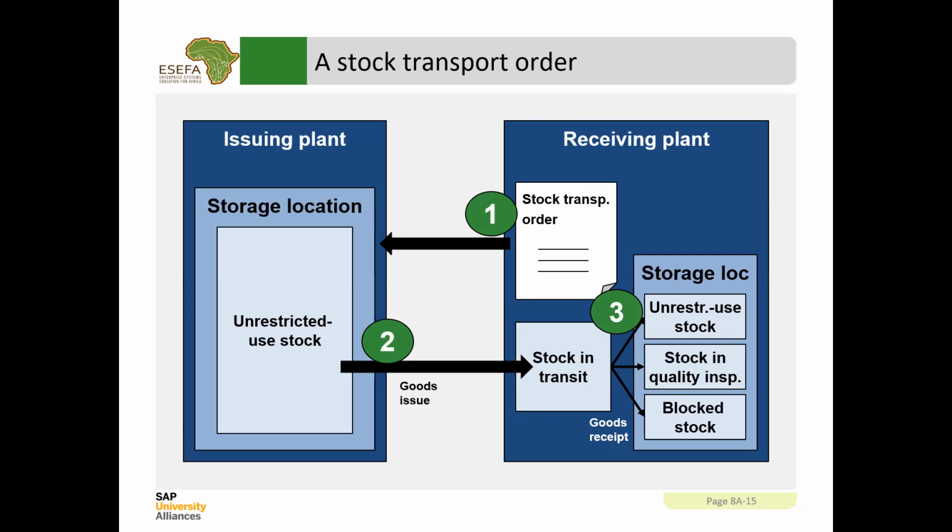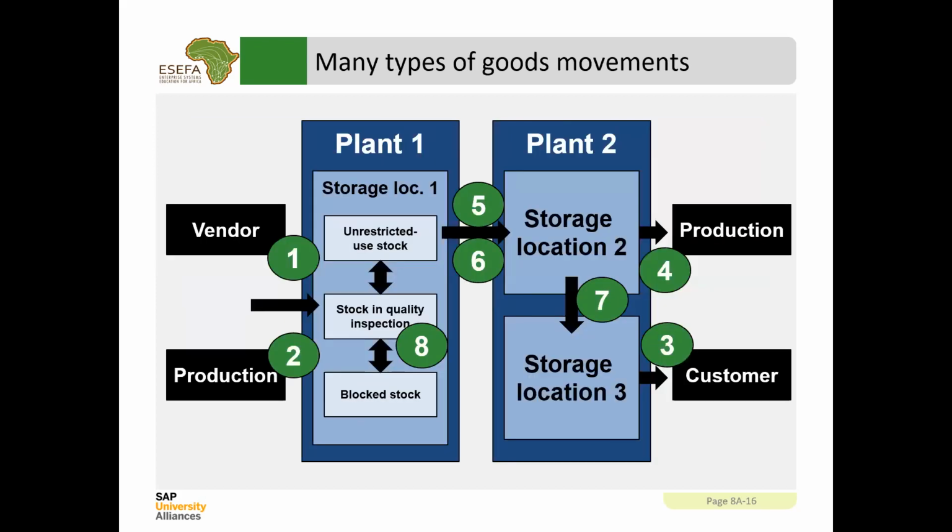And there are implications for any of this movement. Now, let's say a more elaborate type of movement. Here we're looking at the vendor, production and the customer. In the previous example, we were just looking at one plant and the other plant. Now we're looking at many types of movement. Number one, we have generated a PO, and the vendor has supplied the product.